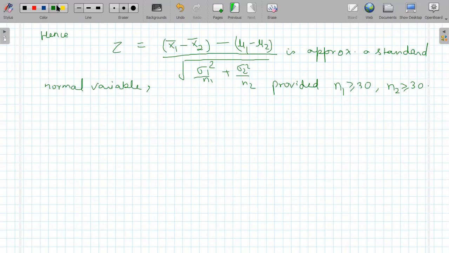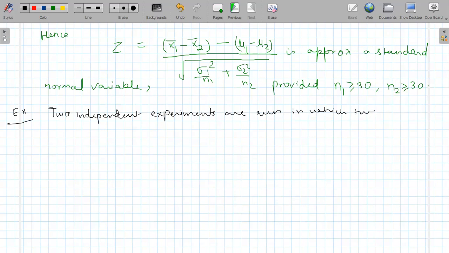So let's do an example to understand this. Let me state the problem. Two independent experiments are run in which two different types of paints are compared.